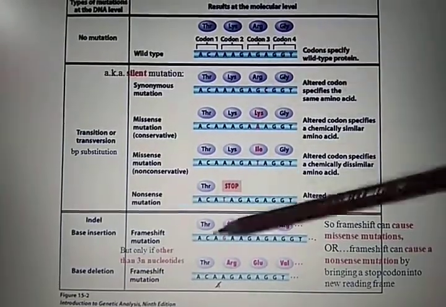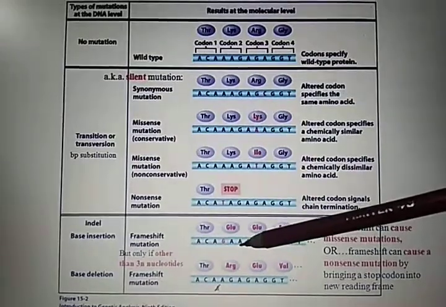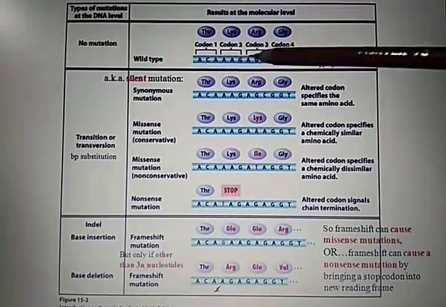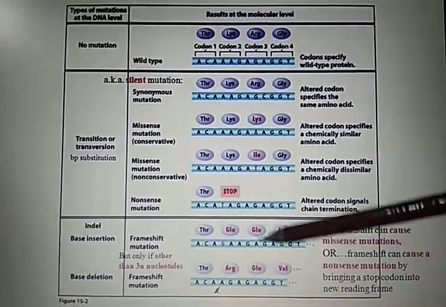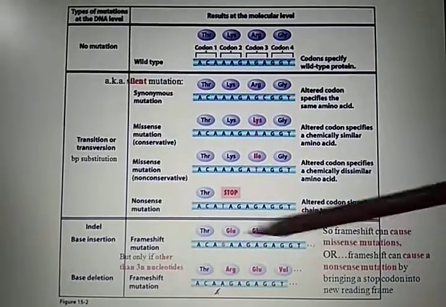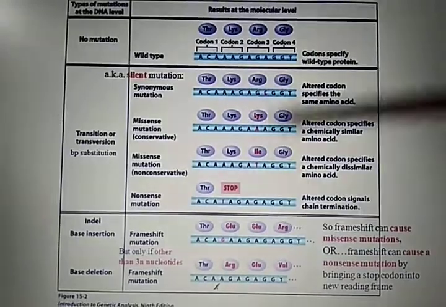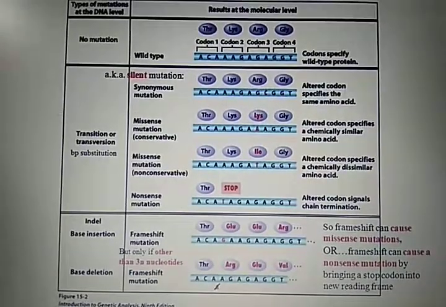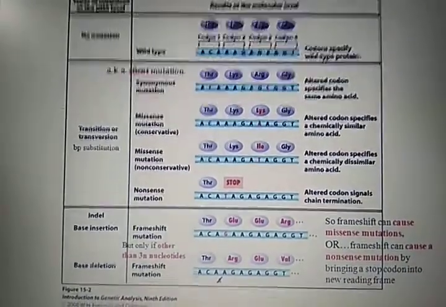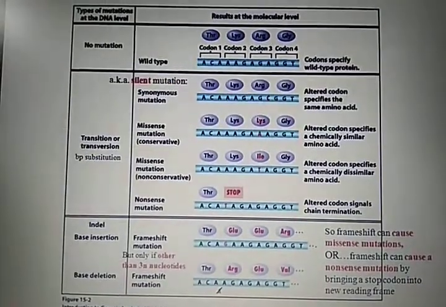So GAA is the second codon. Then the third codon is GAG. So the reading frame is changed, and due to this change in reading frame, the amino acid which is initially coded by the normal blueprint or the wild type gets altered. So this is known as frame shift mutation.